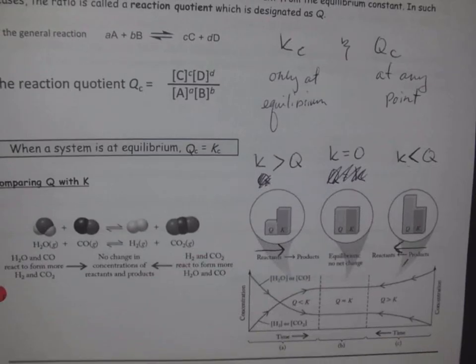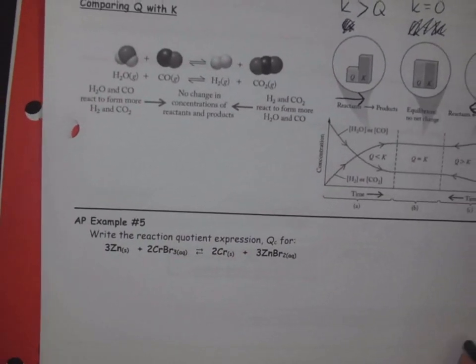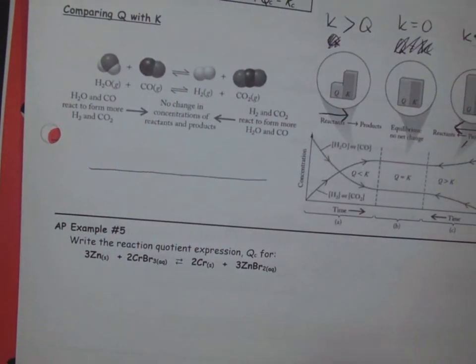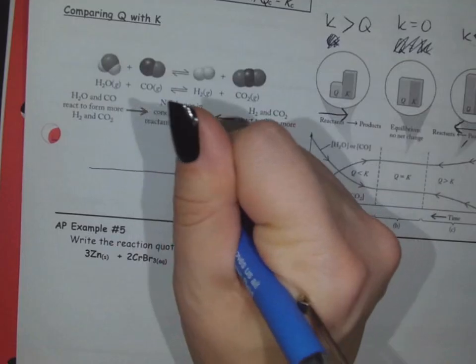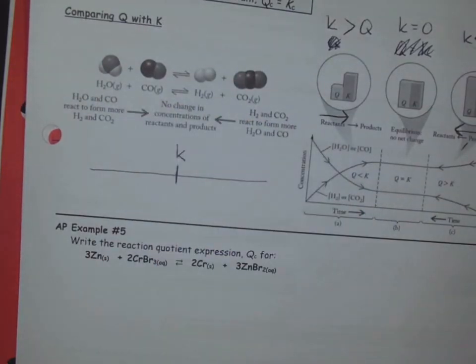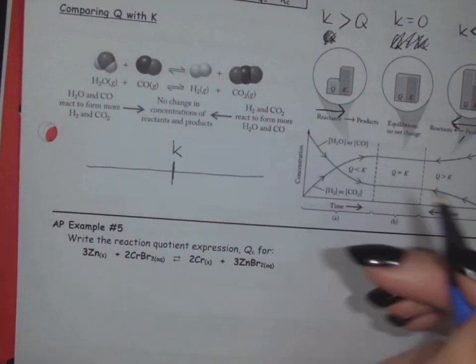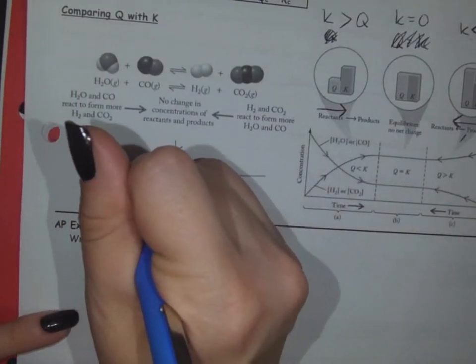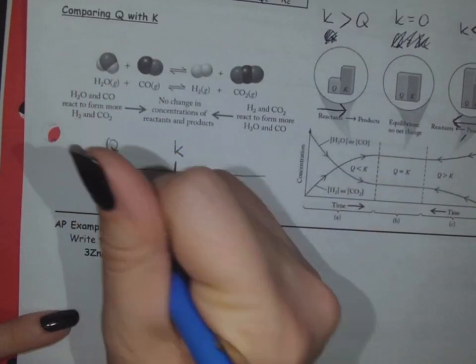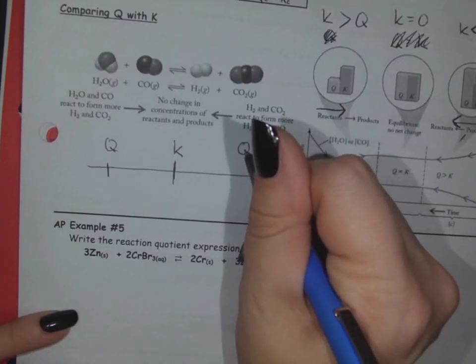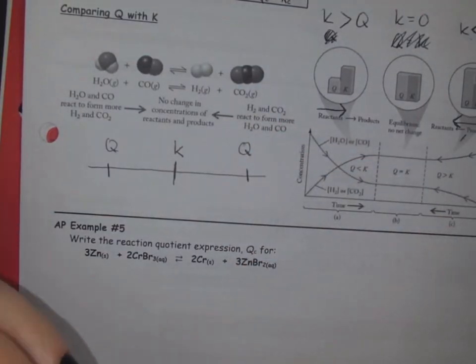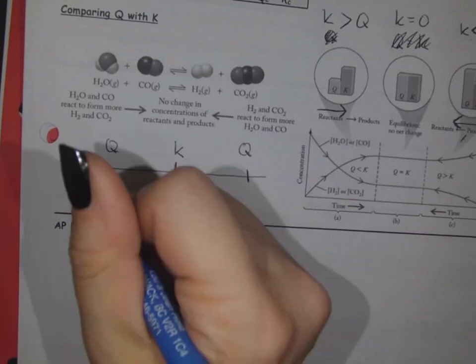Here's the other way that I really like remembering this. I think of it as a number line. So here's my reaction, and in the middle is equilibrium. This is K, all right? And so if this is a number line, this would mean the Q is less than K, and this would be a Q that is bigger than K. And know that it's trying to get to K, which is equilibrium.